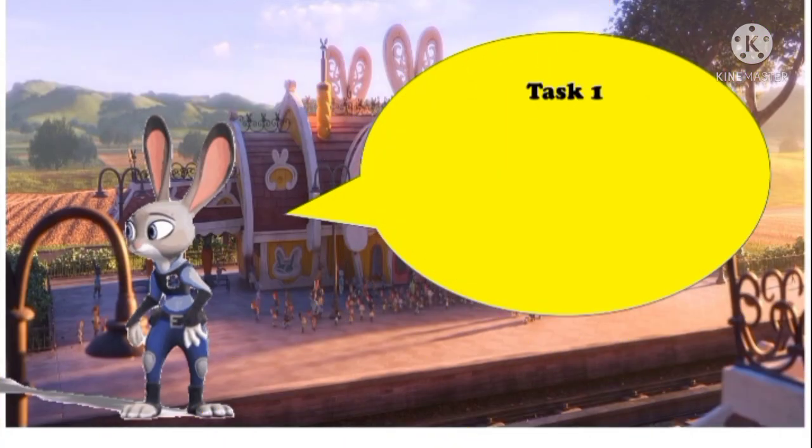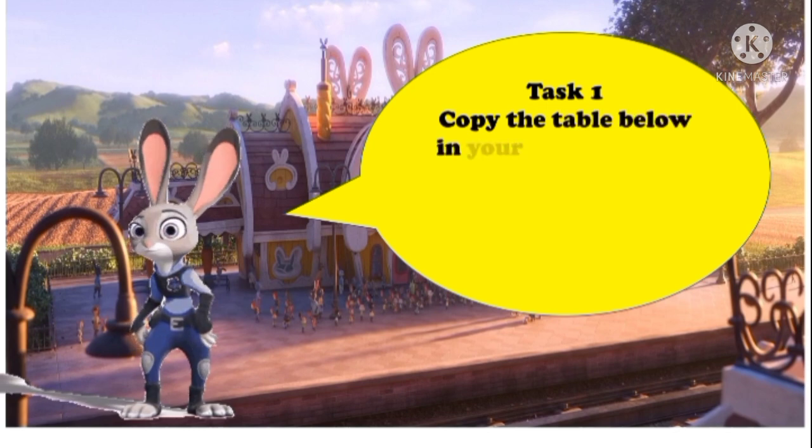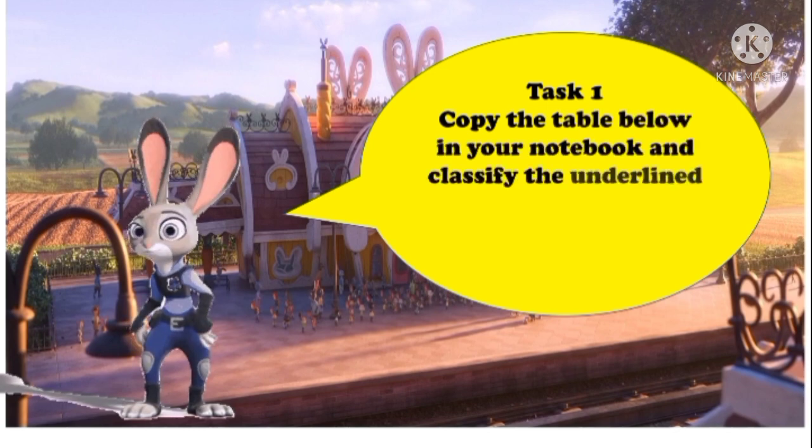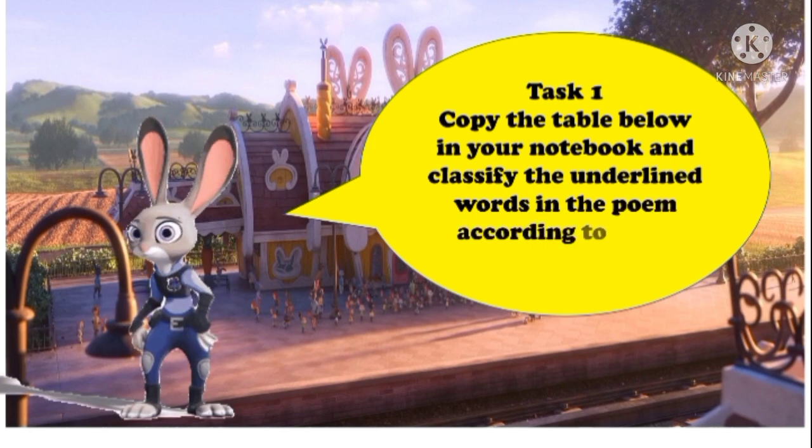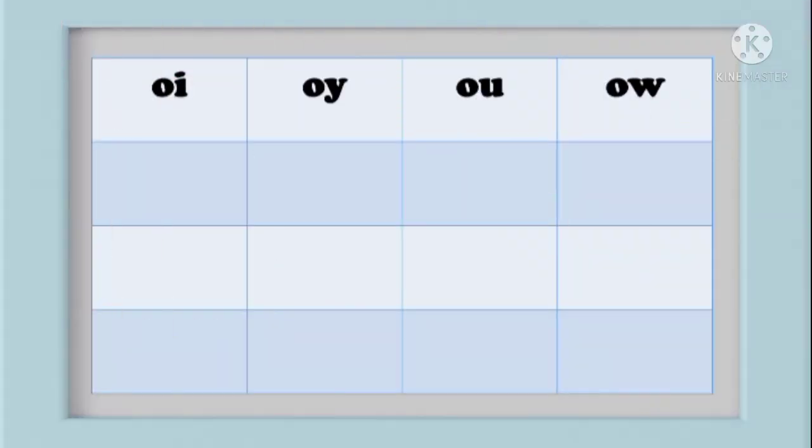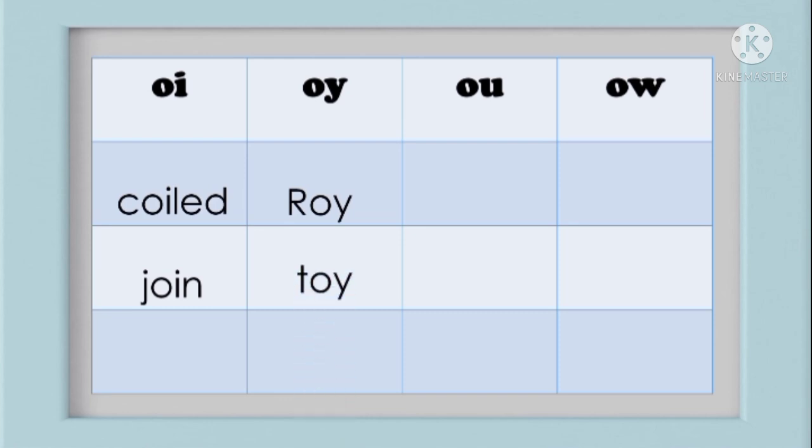Let us now try to answer Task 1. Copy the table in your notebook and classify the underlined words in the poem according to their sound. Task 1 is based on the poem read. Words with oi sound: coiled, join, Roy, toy, enjoy.